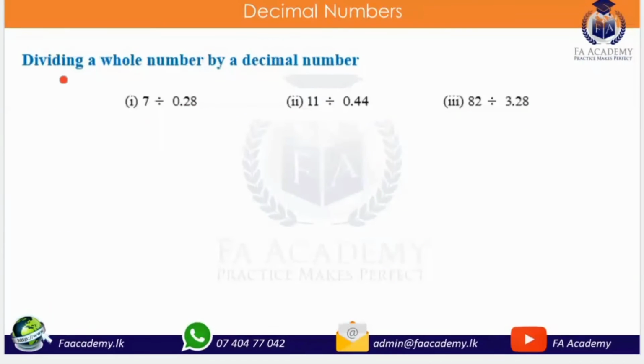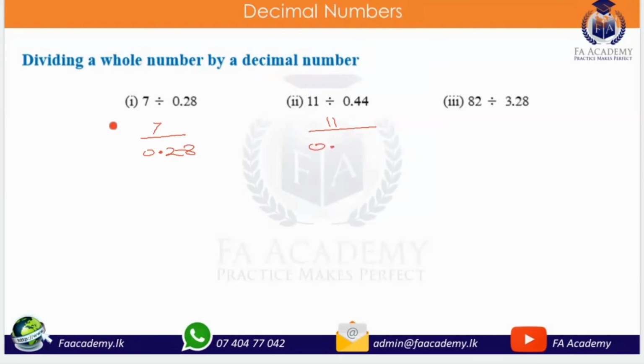Right. So the next stage, the third stage, is dividing a whole number by a decimal number. Here we are not talking about multiplication. Here it's a division. So when you have the division sign in this way, it's better to write it as a fraction, so it will be easy for you. 7 divided by 0.28. I'm writing this as a fraction.